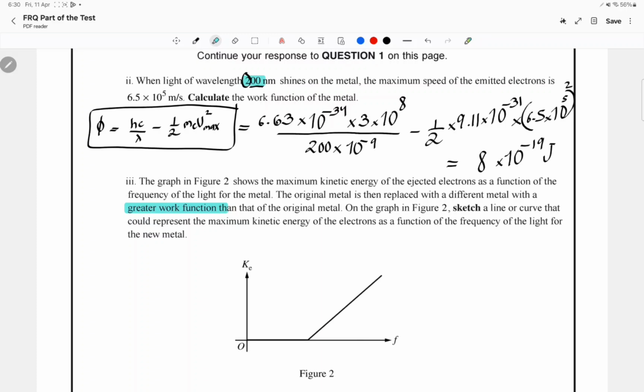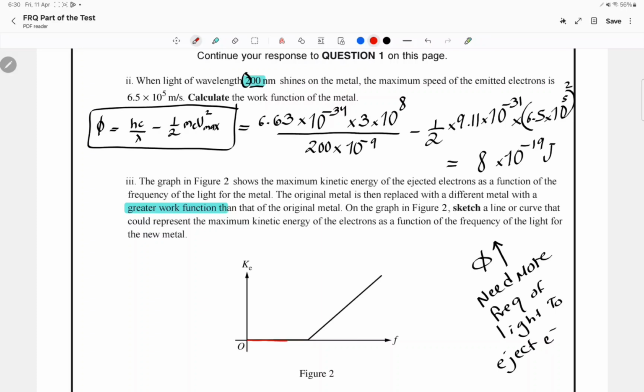More. So if we have more work function, we need more frequency of light to eject any electrons. So just shift your line to the right side.